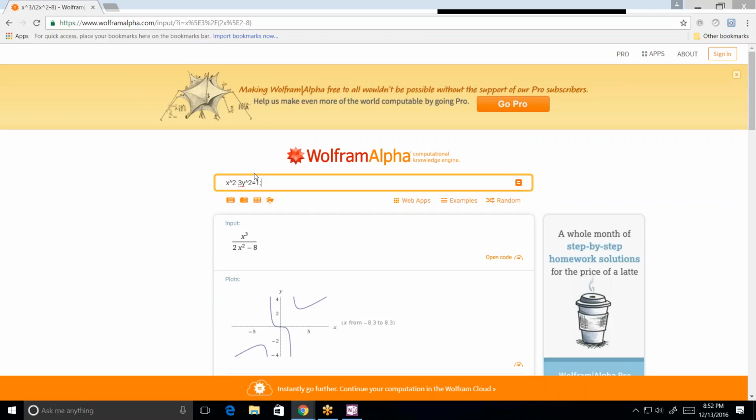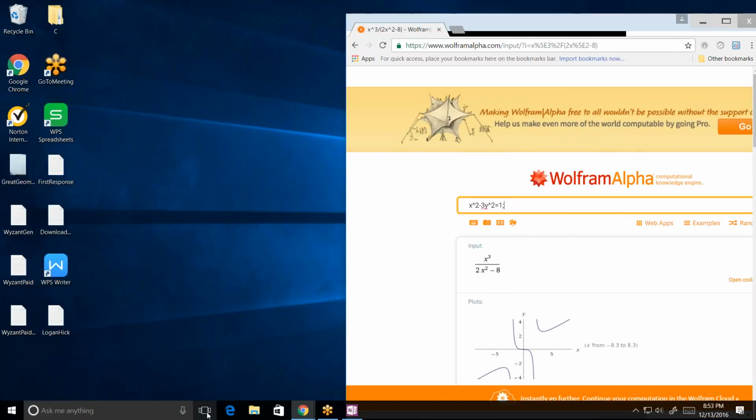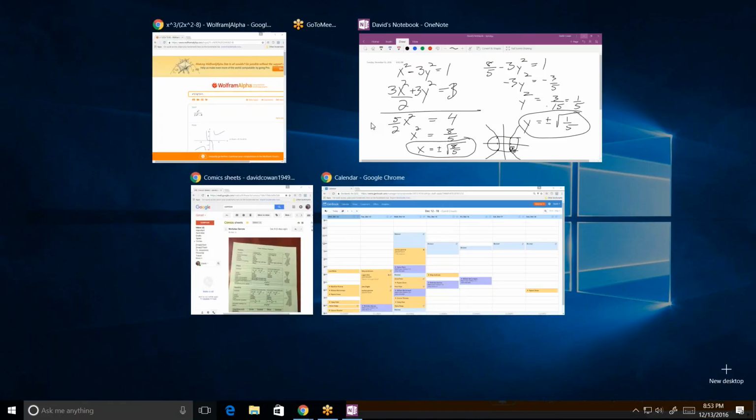What was the next function? I don't remember. Here, let me back up. I got it. It was x squared over 2 plus y squared equals 1, right? Because I multiplied everything by 3.